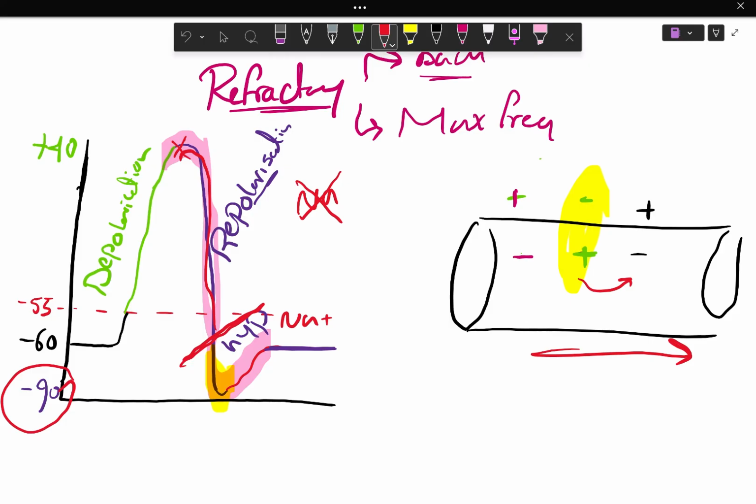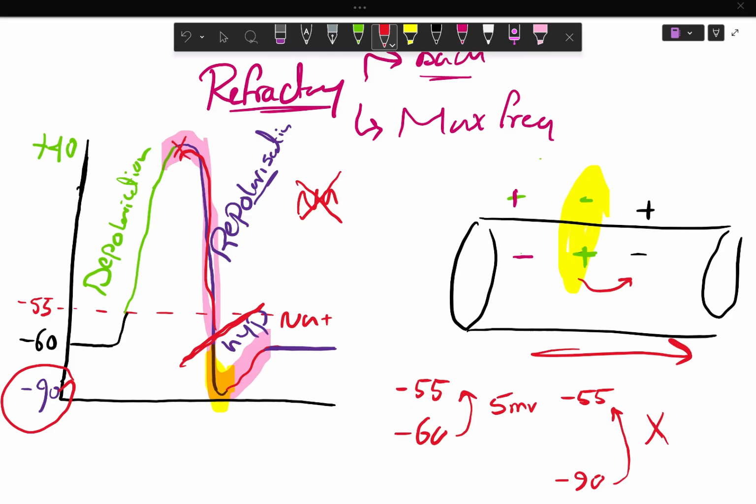Normally we're at -60 and the threshold is -55, so it's easy for a stimulus to increase it by only 5 millivolts. But if we're at -90 and the threshold is still at -55, it needs to go much further upwards. So it's going to be very difficult for a stimulus to cause an action potential, and only a very strong stimulus will be felt.